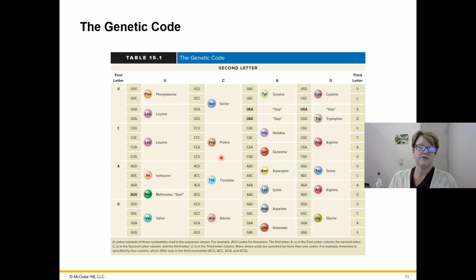But that could mean that you get the wrong amino acid put into that protein. So that does happen. But assuming everything is normal, everything is correct, then every time that same mRNA is translated, the same protein will be made. The same amino acids will be hooked together by dehydration synthesis.